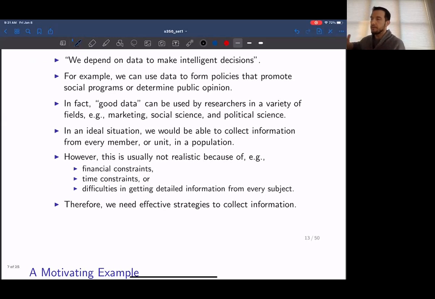Okay, so good data can be used by researchers in almost any area, especially in the modern age with evaluating the usefulness of apps on your phone. A lot of that just comes down to user statistics. How many times is it getting downloaded? How much time do people spend on it?